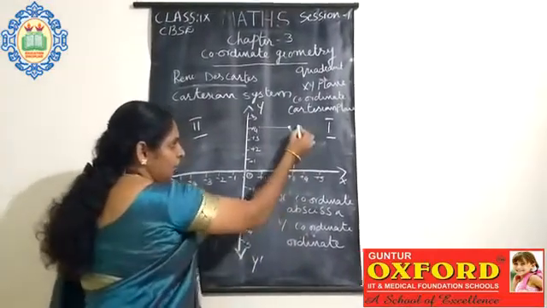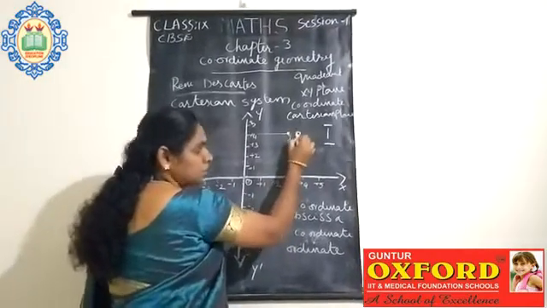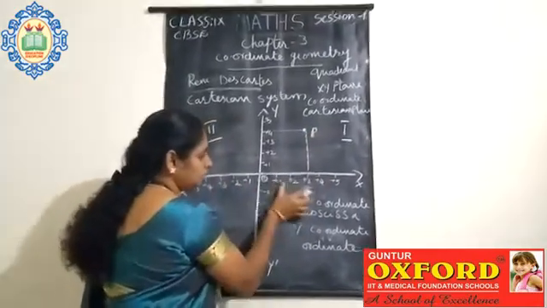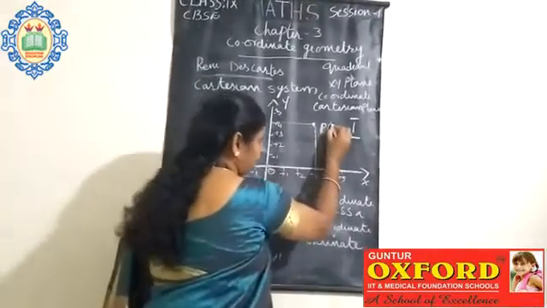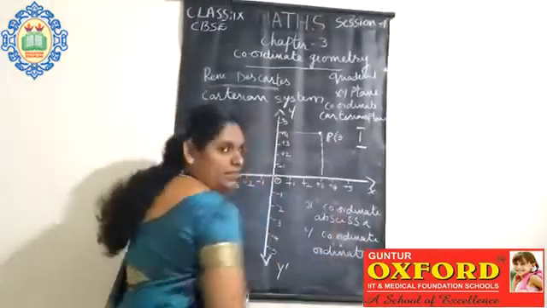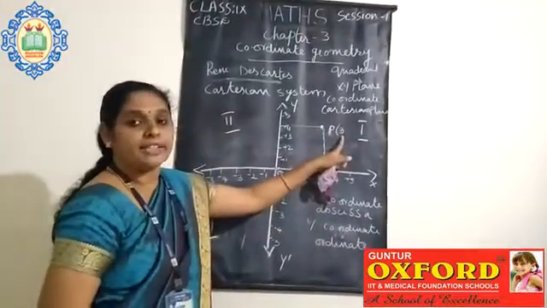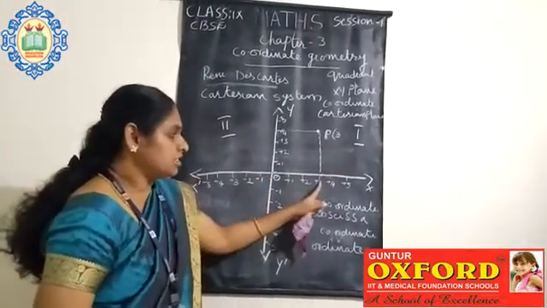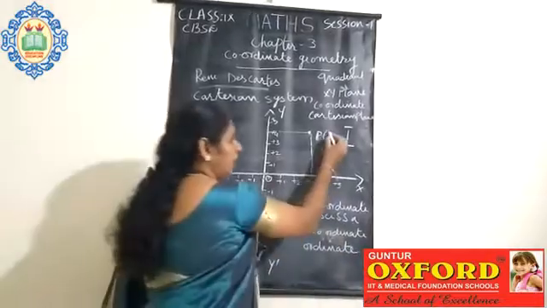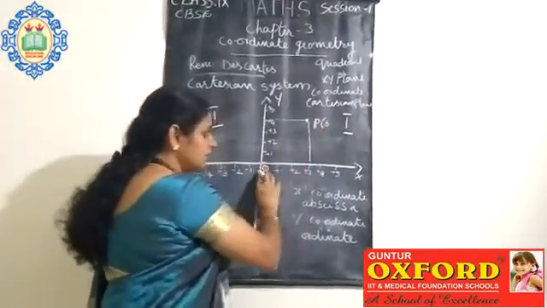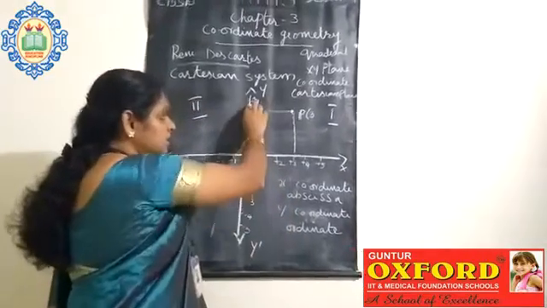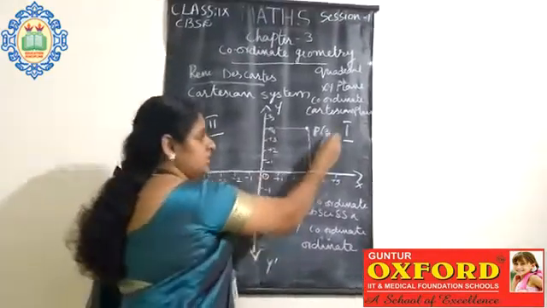Now I am writing the coordinate of this point P. How much distance is there from the y-axis? This is 3. For writing a coordinate, first we write the x-coordinate, 3, in one bracket. First is the x-coordinate, next is the y-coordinate. How much distance is there from the x-axis? This is 4.